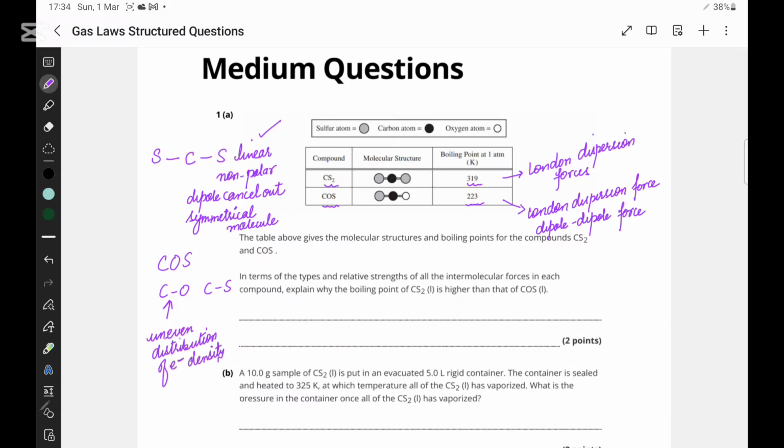So CS2 has stronger London dispersion forces.